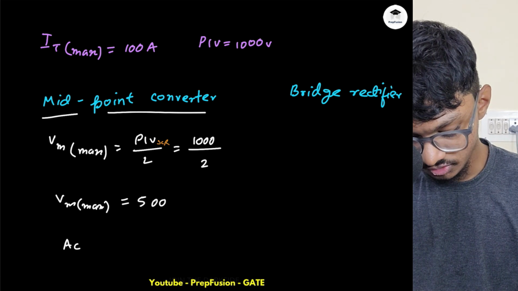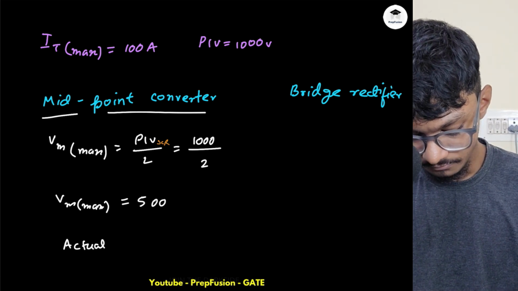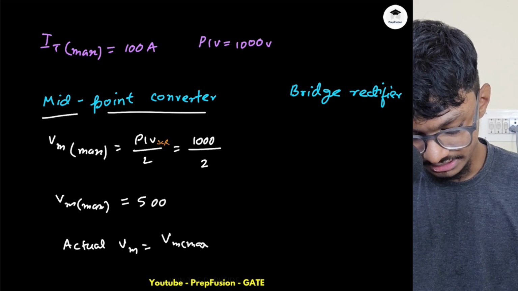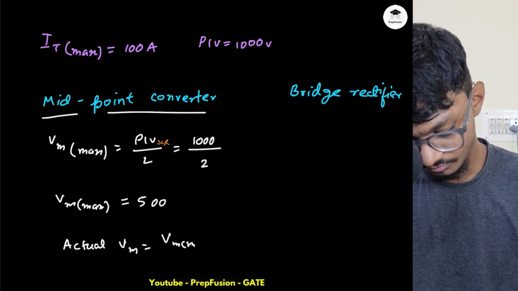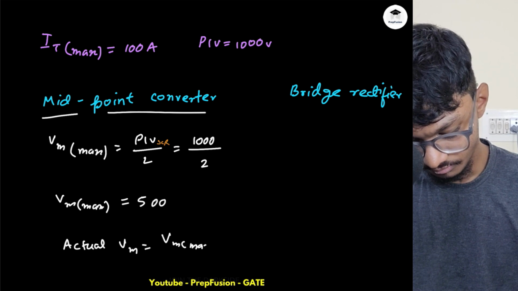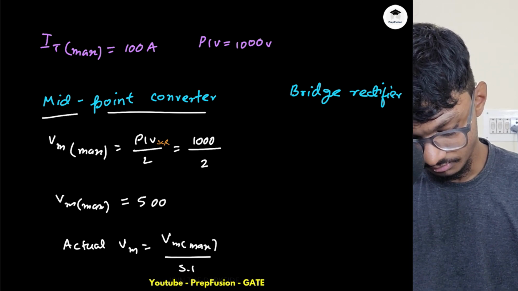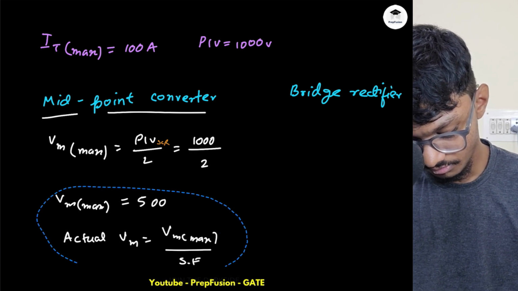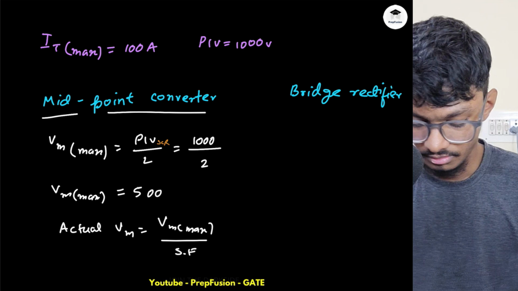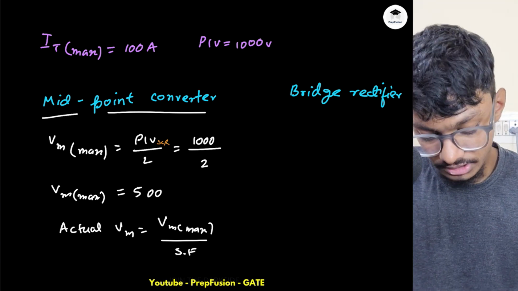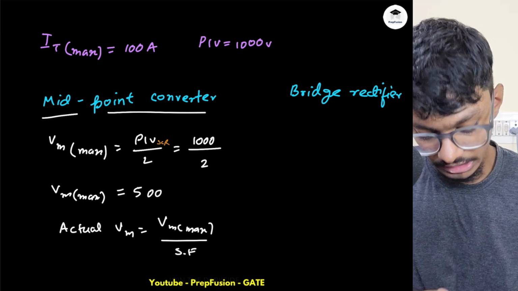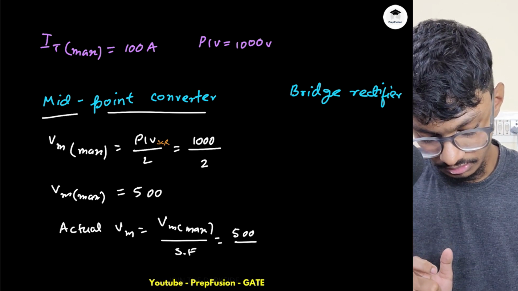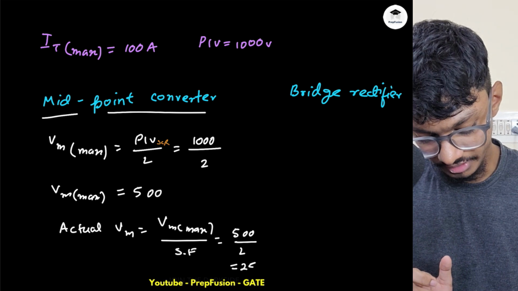So if the safety factor is 2, what will my actual VM be? Actual VM will be VM maximum divided by the safety factor. So VM max is 500 divided by 2, that is 250.